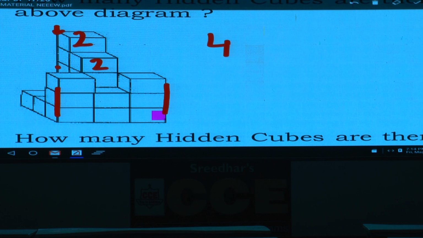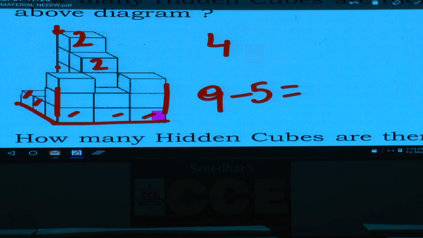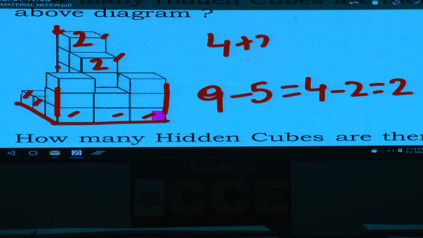Then coming to this bottom, 3 into 3, 9. Out of this 9, 1, 2, 3, 4, 5 are seen. 9 minus 5, 4. And out of these 4, 1 counted here, 1 counted here, isn't it? 2 were already counted, and leftover will be 2, and those 2 were at the bottom, and so 4 plus 2, 6. Question number 18, 6 is the answer.